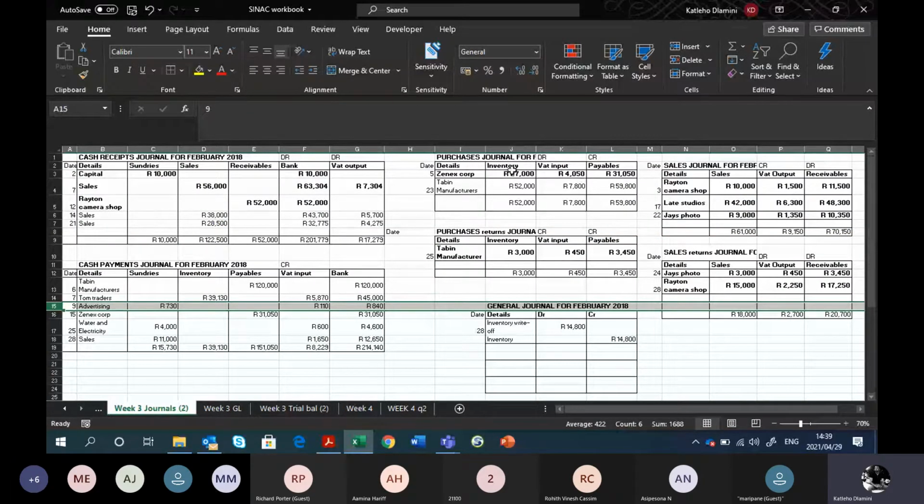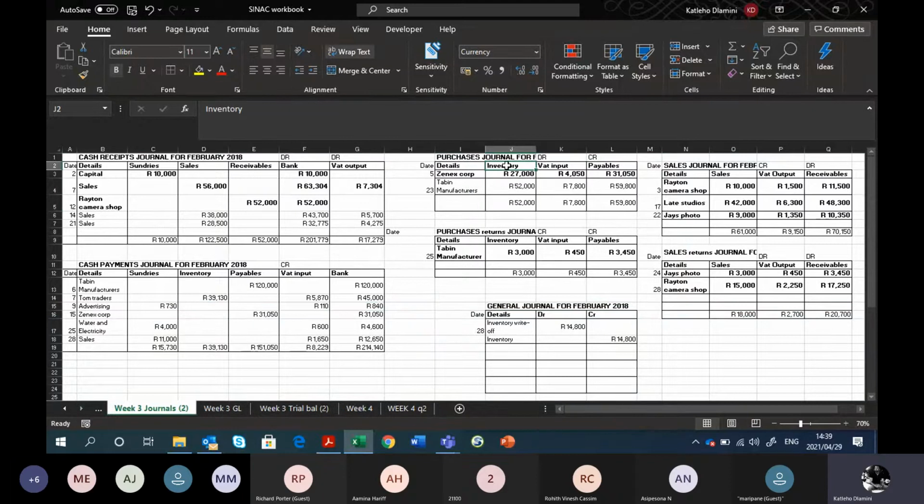Purchases of inventory. Why did I even call it inventory if it's purchases? This is going to change a lot of stuff. Sorry about that. I'm wondering why this is different. Okay, purchases. It will be called purchases because of the purchases journal.